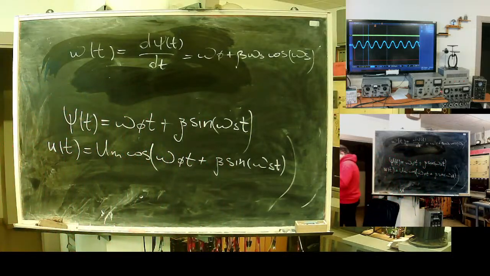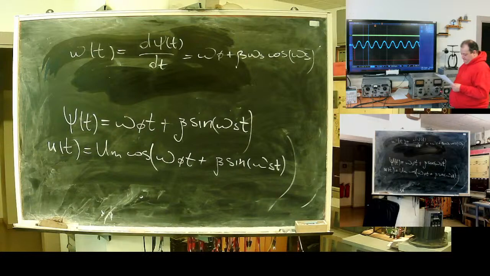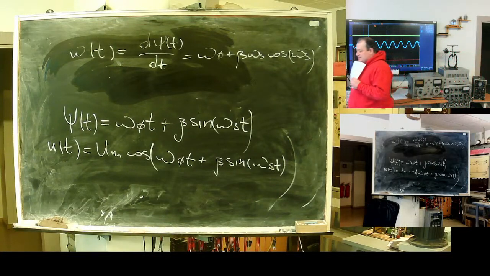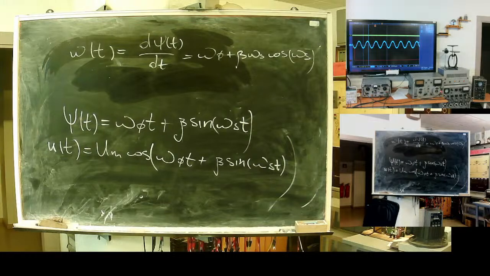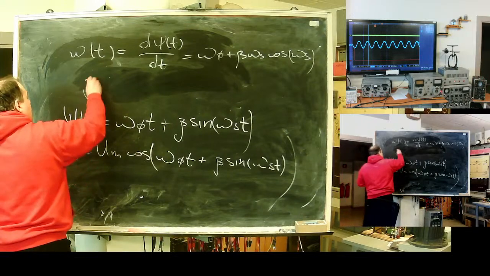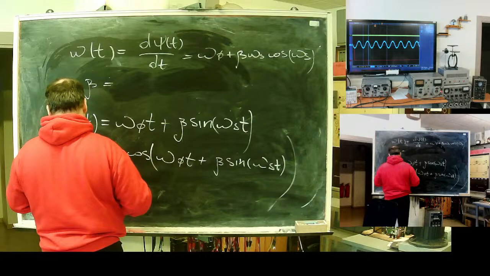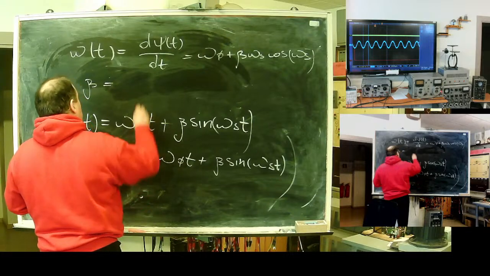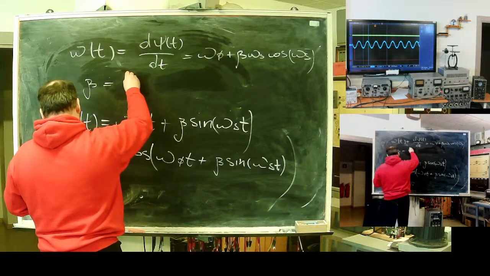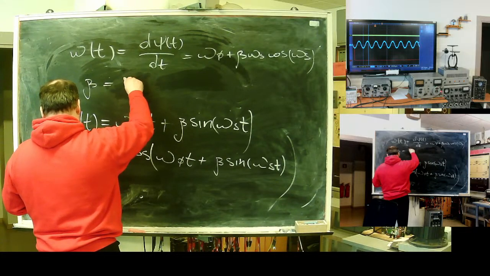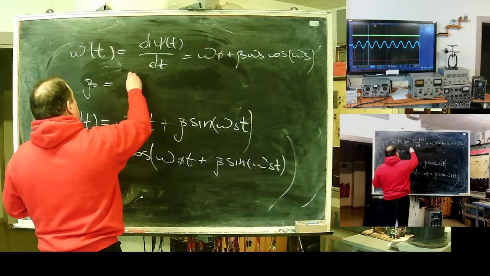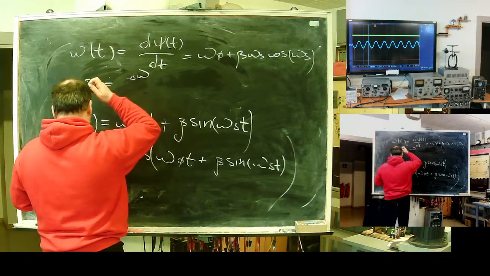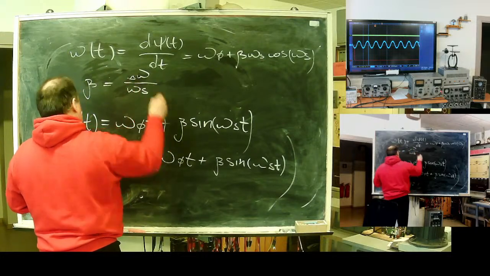What do we see? Both phase and instant frequency are subject to a harmonic law. The deviation or modulation index beta is delta omega over omega s.